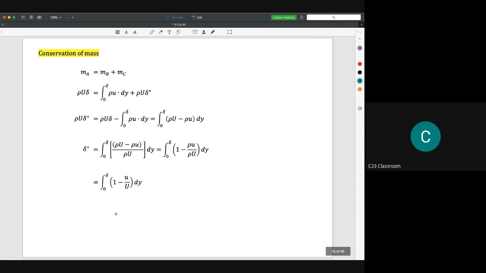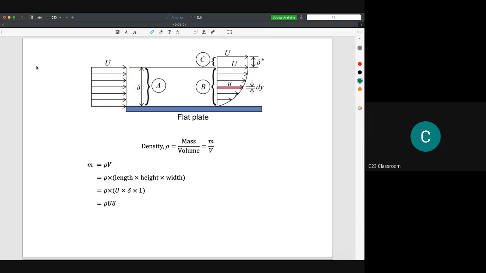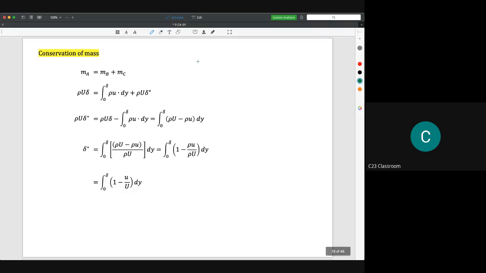Okay, and then based on this diagram, I think you already know that the equation for conservation of mass can be written as mass for A must be equal to mass for B plus mass for C. So that's what we have here. Mass for A is rho U delta, and mass for C can be easily found.